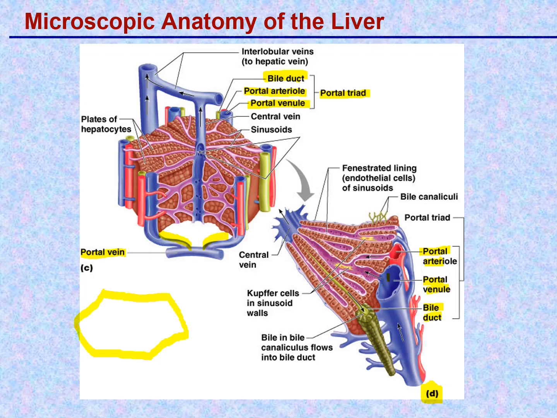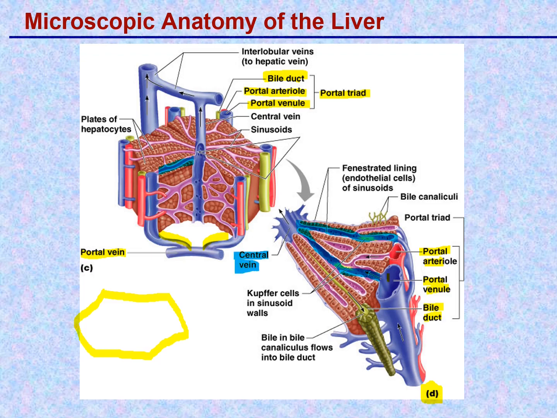Okay, so the hepatocytes are arranged in cords, and on one side, the venous blood coming from the portal venule flows in towards the central vein. So there's blood coming in from the portal venules and going in, and as it goes in, it runs alongside the hepatocytes towards the central vein.